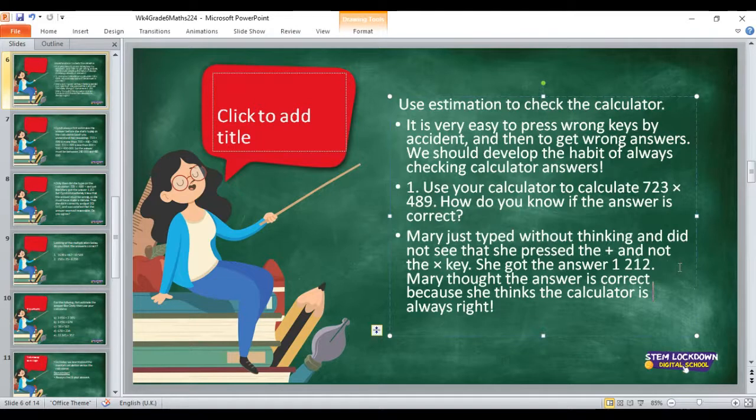Okay, so now let's check if my estimation is correct. Now we can press the calculator. 723 multiplied by 489. I said my estimation would be around 350,000. Right, the calculator gives me 353,547.